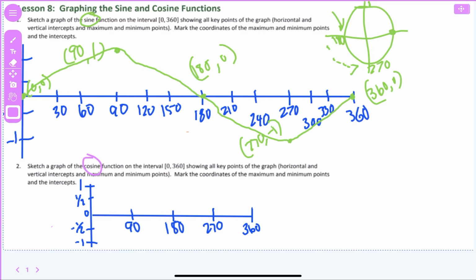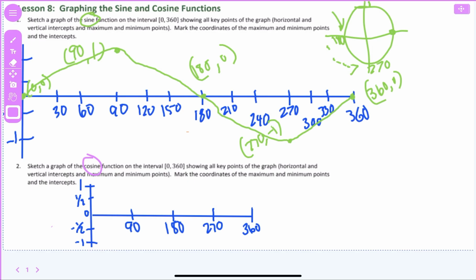We're only thinking about our cosine. When we're at 3 o'clock, or at 0 or 360, whatever you want to call it, what is the cosine? Well, the cosine is 1.